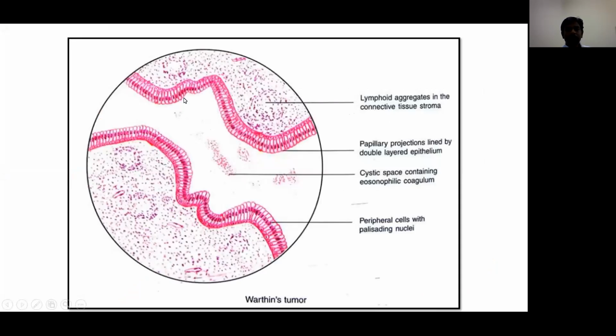This is a schematic diagram where you can see these oncocytic cells and a low cuboidal epithelial cell layer. You have the lymphoid stroma with germinal center formation. This is the cystic space where you will have eosinophilic, murky debris material.